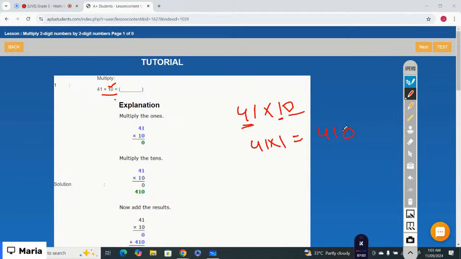Then you can add the zero. So do the questions the easier way you can. So 41 times 10 is 410. You need to multiply the non-zero values, 41 times 1, and then you have to add a 0. Got it?